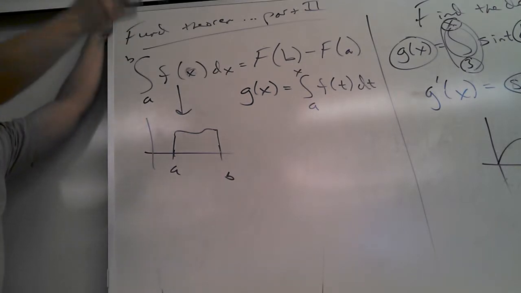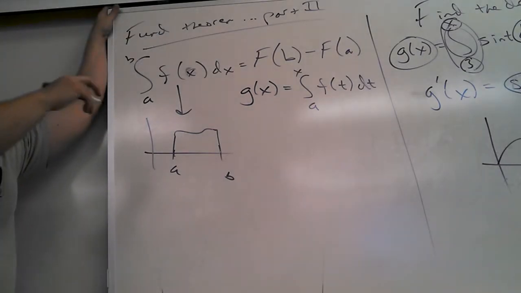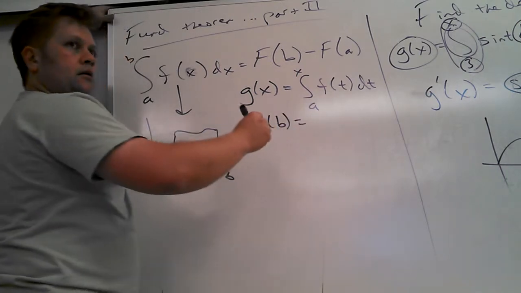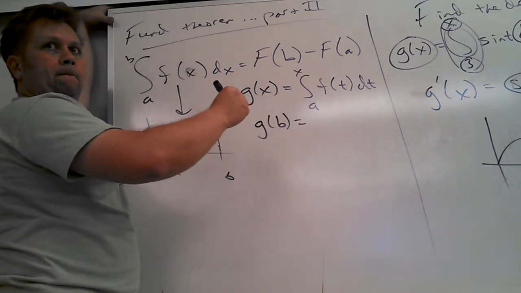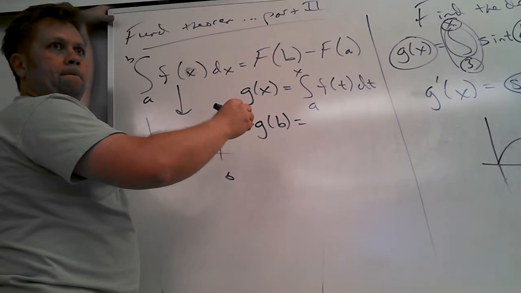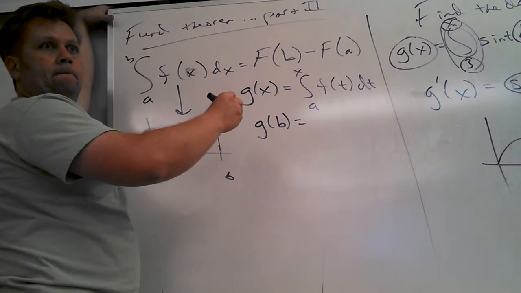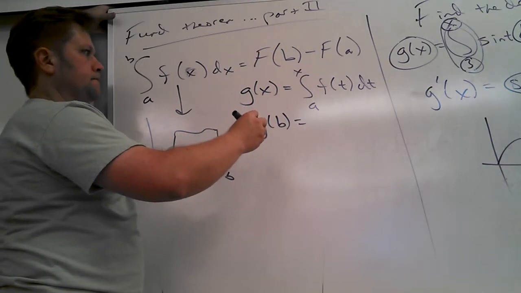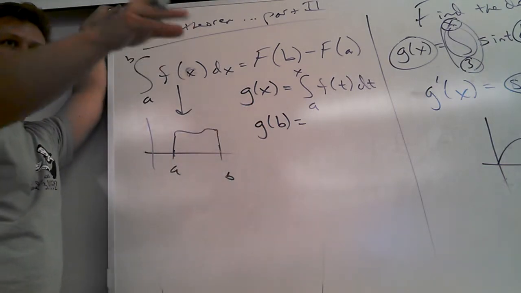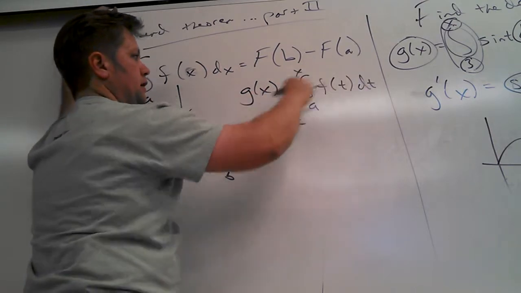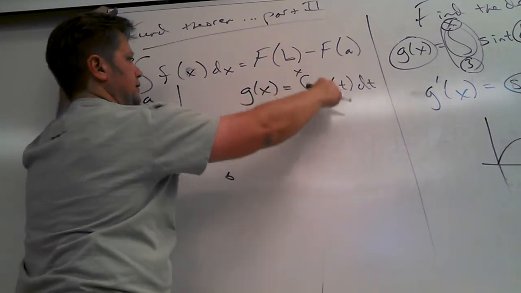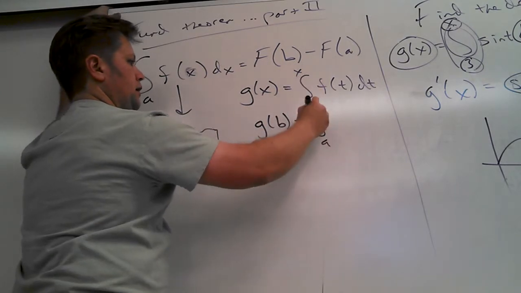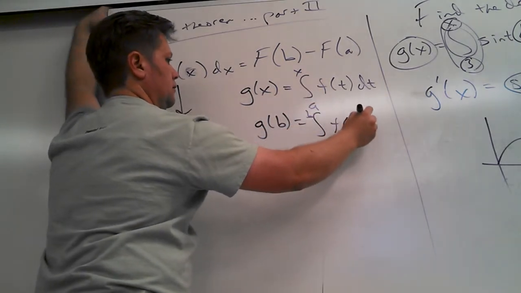That's how I defined the g of x earlier that we were using, right? So g of b would be what? So it goes to b, right? Just based on this, g of x is the integral from a to x of f of t dt. So g of b is the integral from a to b of f of t dt, right?